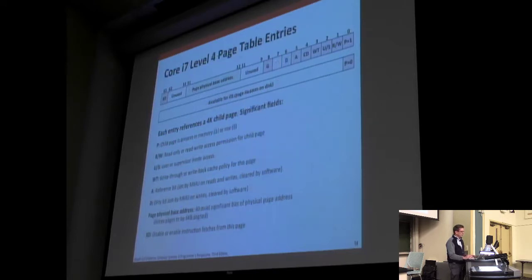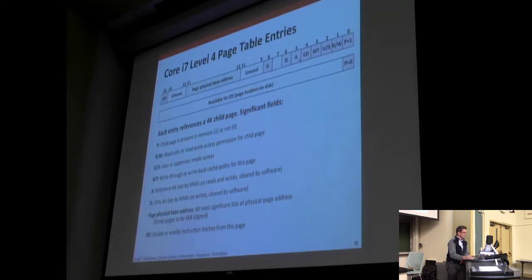The last level page table entry points not to another page table, but actually to a page in memory. We have the same 40 bits that give the physical address of that page in memory, and then we have the indication of whether that page is present in memory or not, the read, write, and execute permission bits, and write through or write back.